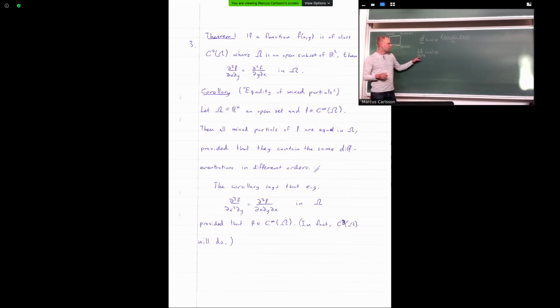So what would this be? Well, with the same logic, I should take this expression, evaluate it at b plus k, minus evaluating it at b, and then divide by k.